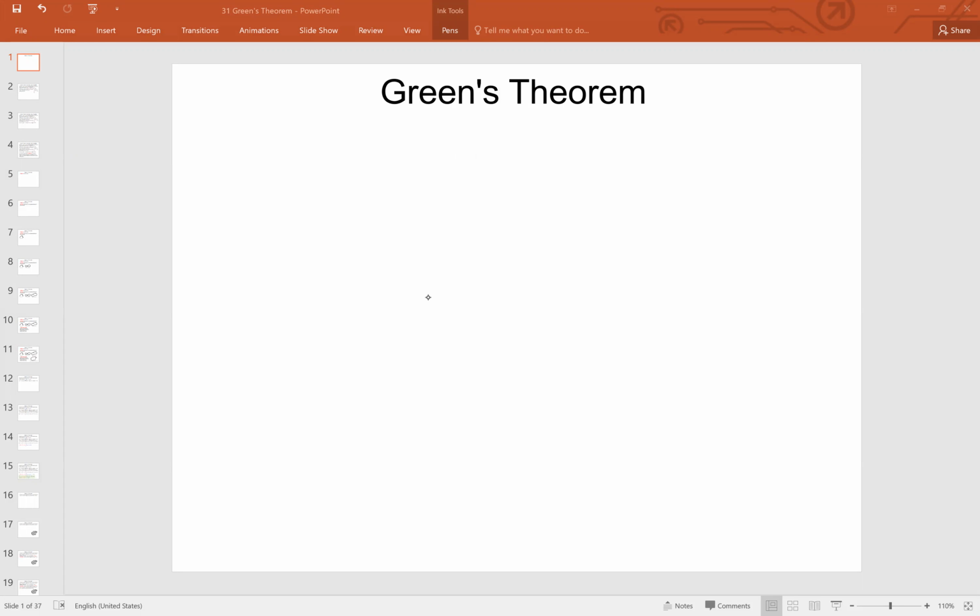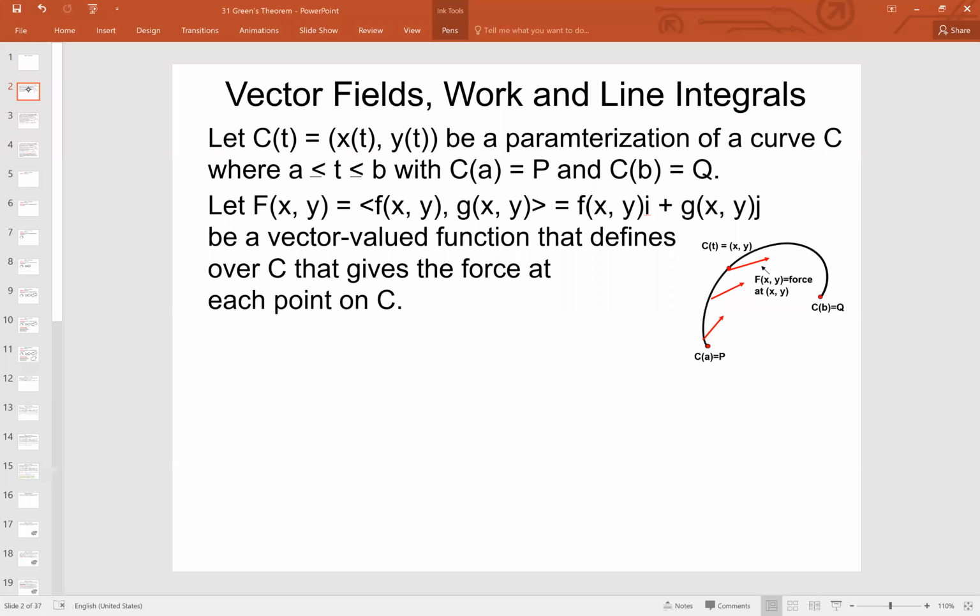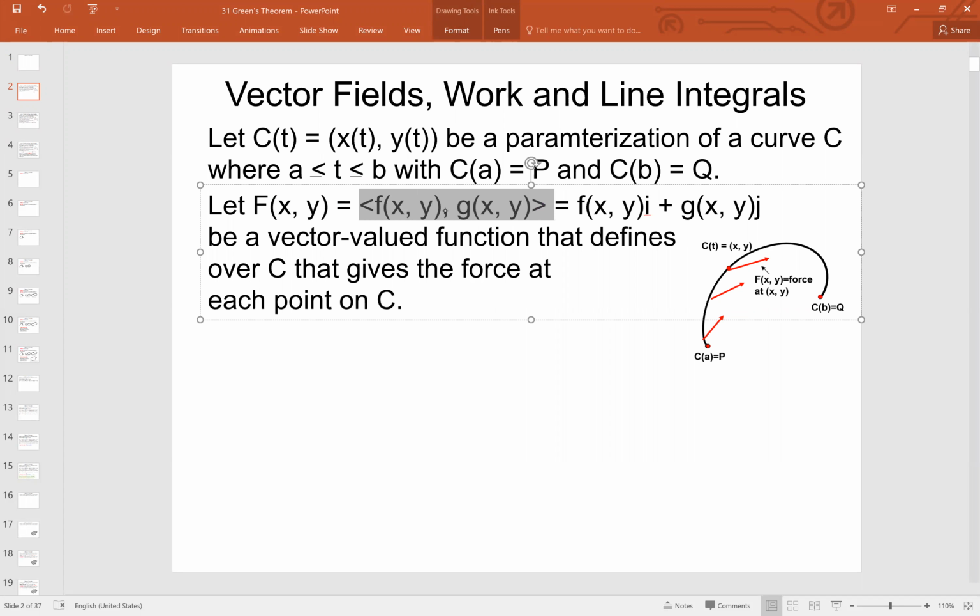So let's start out with the line integral of work. We have a vector field F which represents the force at different points, and the force vector is given by two components: little f is the i component and little g is the j component of the vectors.